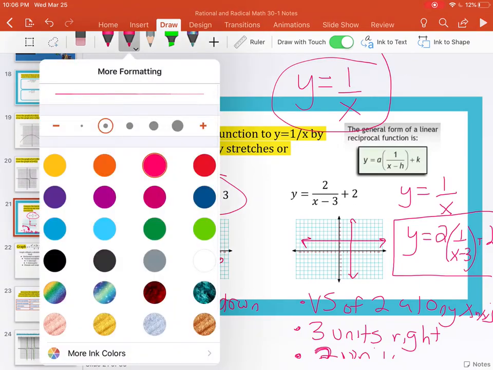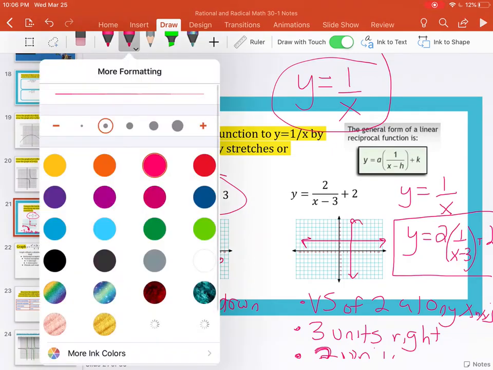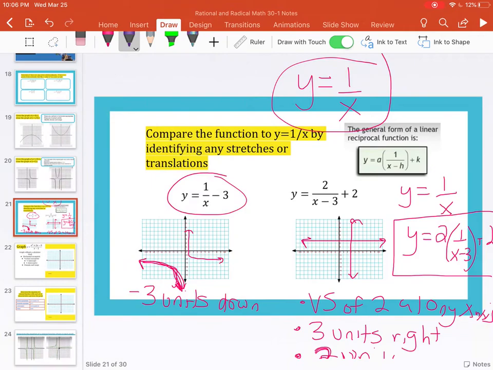And then from here I can graph this. It's going to approach that vertical asymptote towards infinity and the horizontal asymptote towards infinity. So it looks something like that. You can see that our transformations did in fact affect those asymptotes.